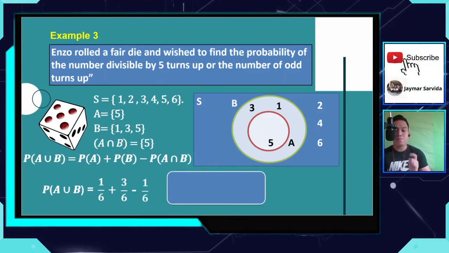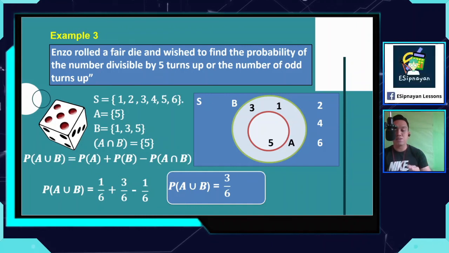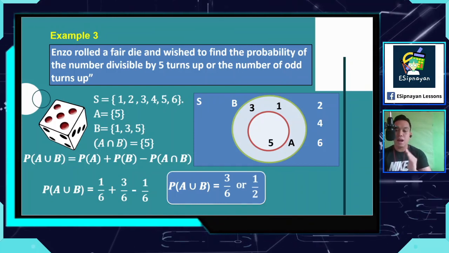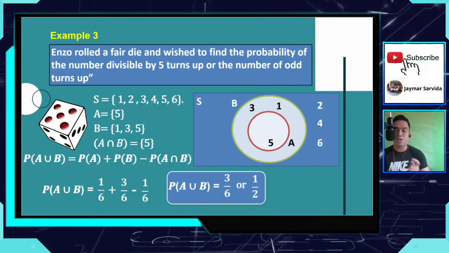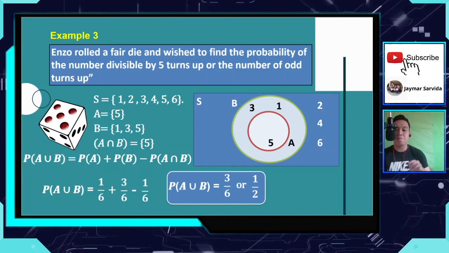At 1 plus 3 minus 1 is equal to 3 over 6. Kopyahin mo lang yung denominator na 6 and get the lowest term of 3 over 6, and that is equal to 1/2. Or kapag ginawa natin siyang decimal, yan ay 0.5. At kapag kinonvert natin siya to percent, yan ay 50%.